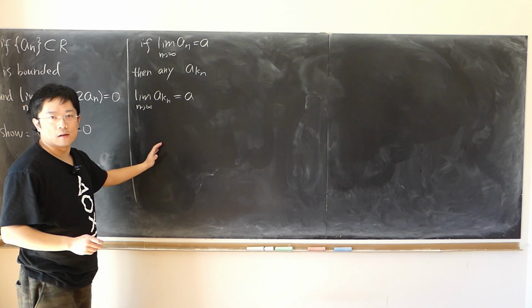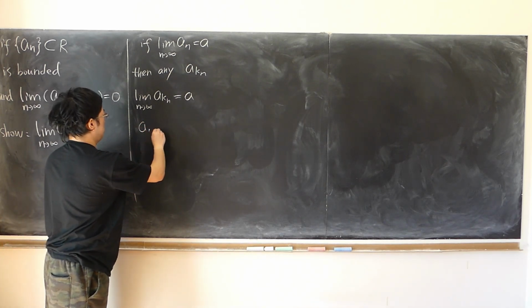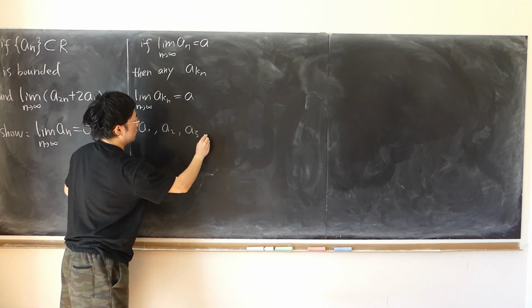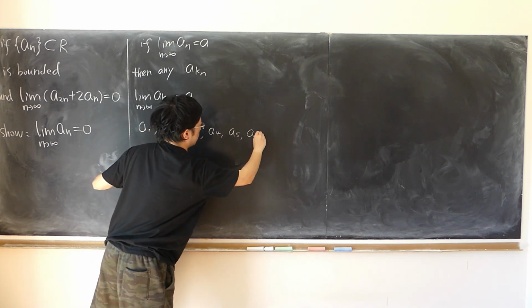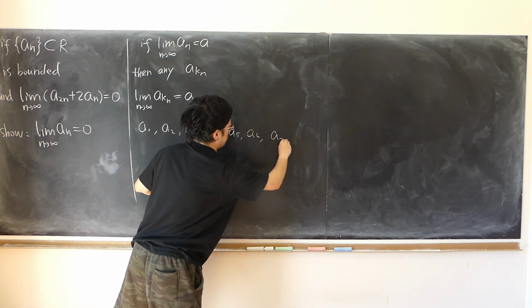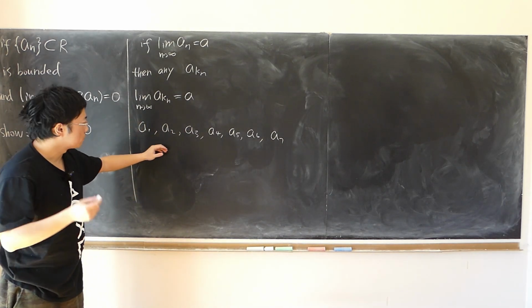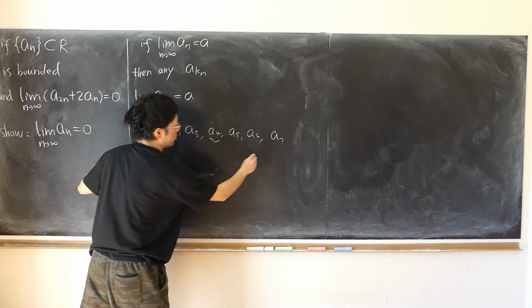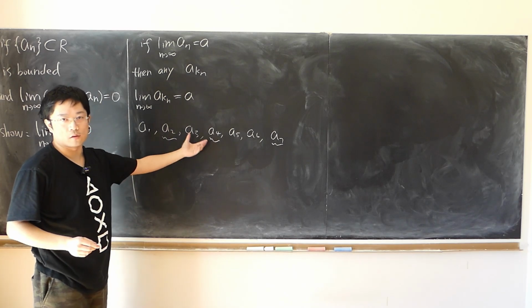First of all, let's recall the meaning of subsequence. The original sequence: A1, A2, A3, up through A6, A7. Now I take any subsequence. Perhaps this, perhaps that. The rule is that you cannot go back.